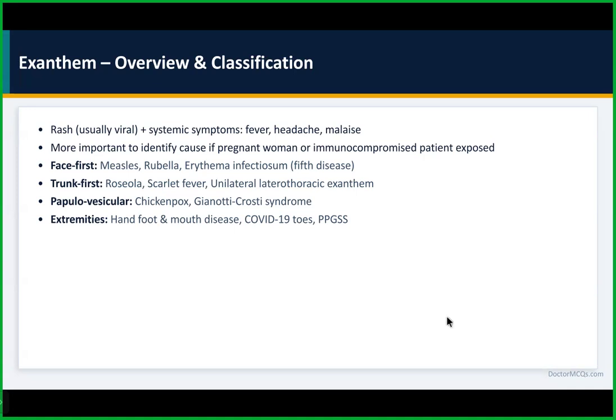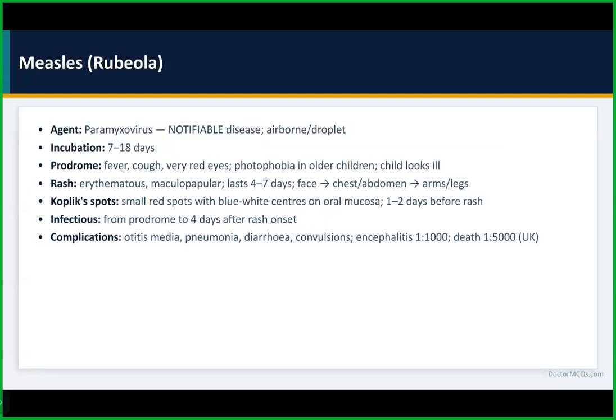But most commonly, you are going to study roseola and scarlet fever. If it is a papulovesicular pattern, it's chickenpox, everybody knows. And if it is the extremities, it's hand, foot and mouth disease, COVID-19 toes, and PPGSS, which we will be studying. So where the rash started in the patient describes what kind of condition the patient has.